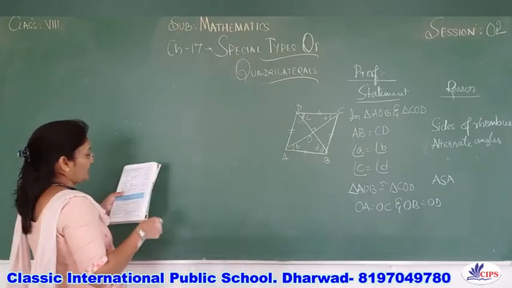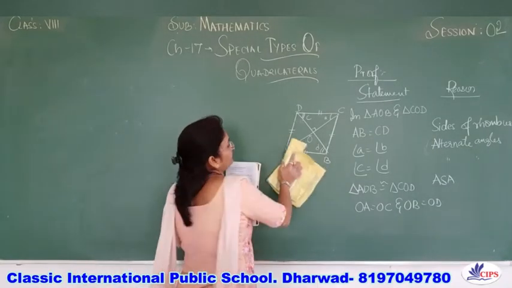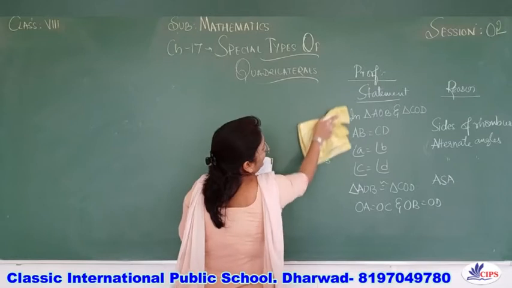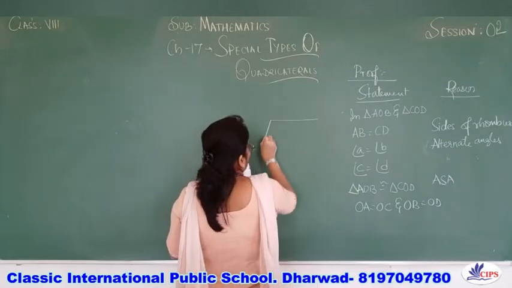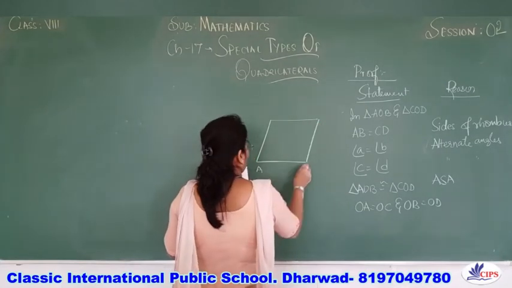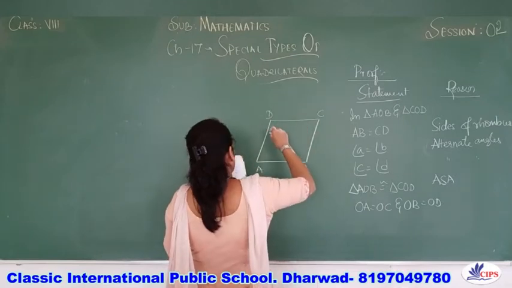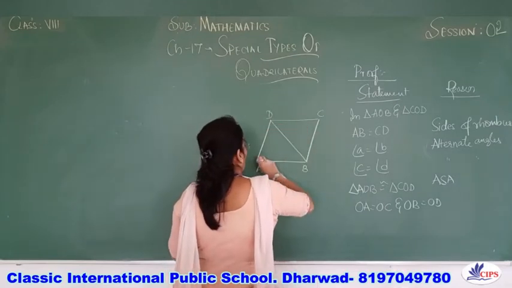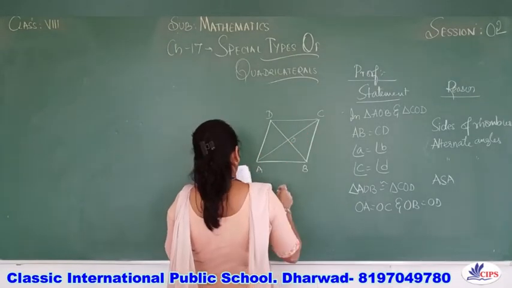So now I will draw a different diagram. The same figure, only it is rhombus ABCD. So this is A, B, C, D, and there are diagonals BD and AC.